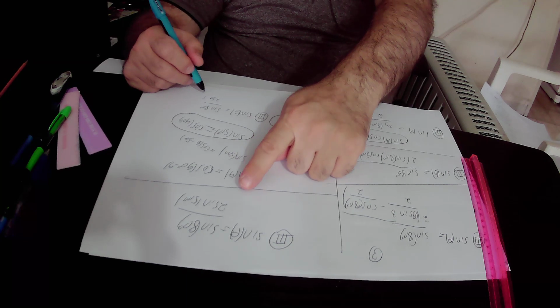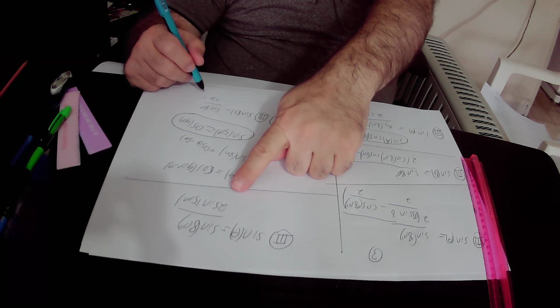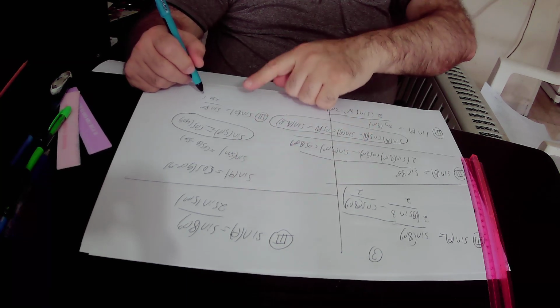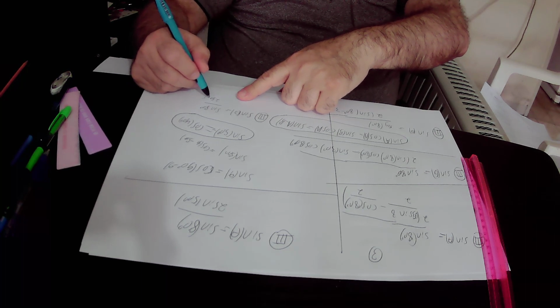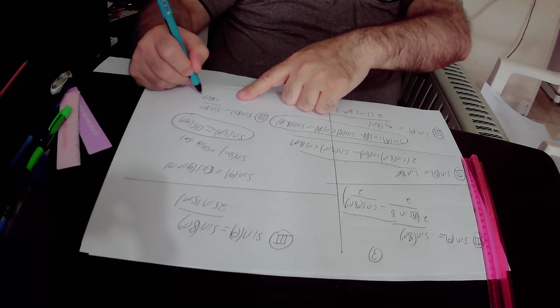So we substitute sine 50 degrees by cosine 40 degrees.